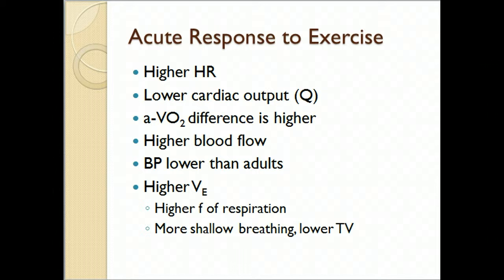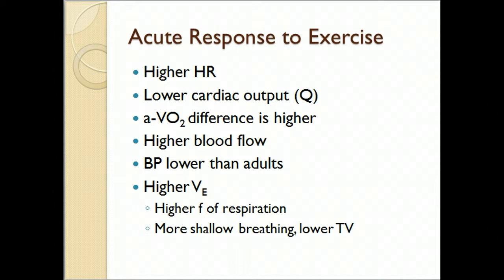They're smaller and have a smaller cardiovascular system, so this makes sense. The a-vO2 difference is higher with these kids, so their level of extraction is higher, and that's because they actually have a higher blood flow. Blood pressure is going to be lower than adults, but it would not be uncommon for some kids who are overweight or obese to have higher blood pressure.